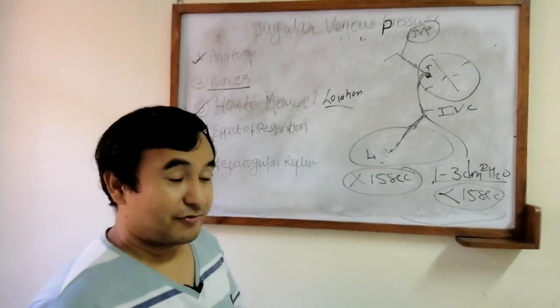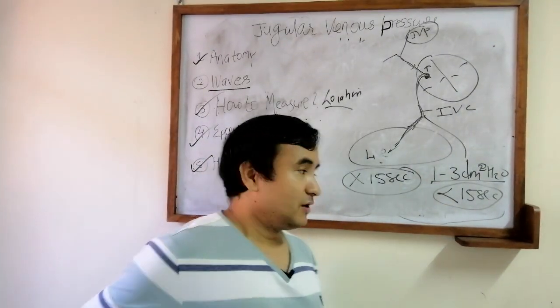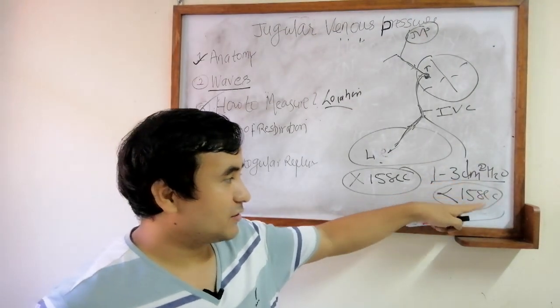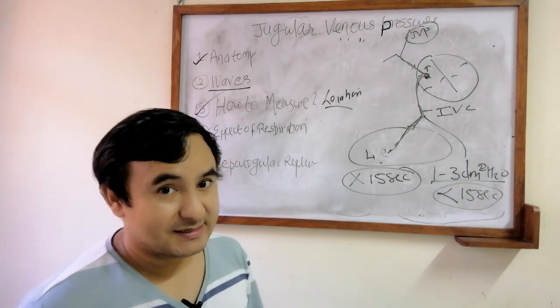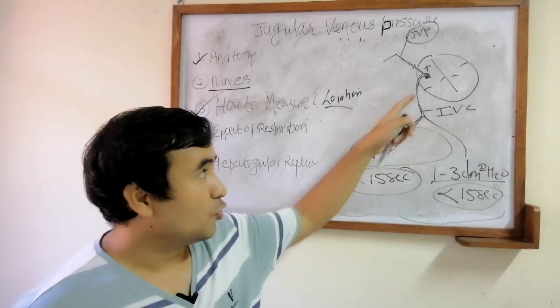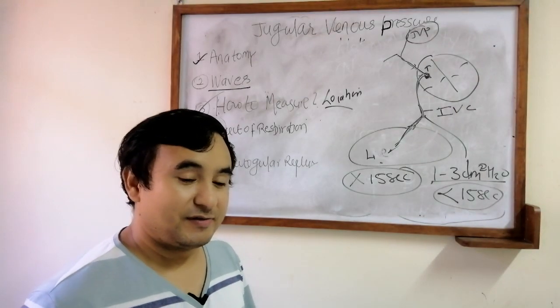So there can be a rise in JVP if you press over the right upper quadrant for about 10 to 15 seconds by 1 to 3 cm of water, and for less than 15 seconds, this is the normal phenomenon.